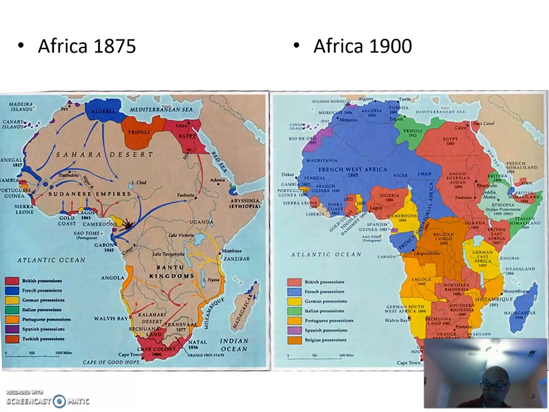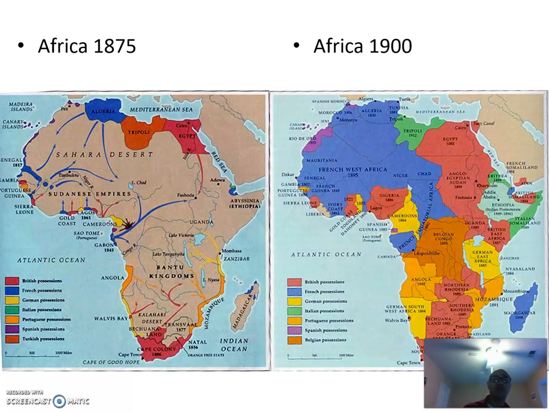What's incredibly shocking and interesting is looking at this before and after map of Africa. On the left there, Africa 1875, you're still looking at the earlier phase of industrialization, still industrialization in its first few decades in Europe and very little colonial possession, right?